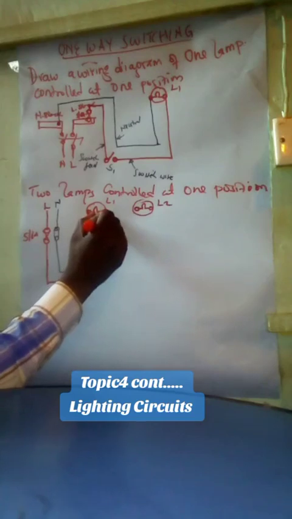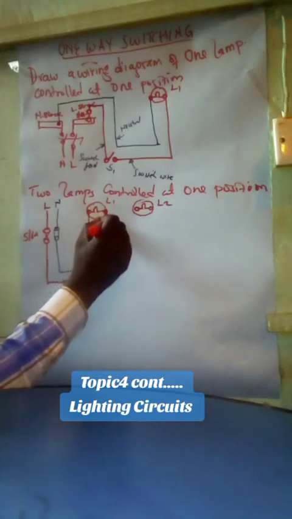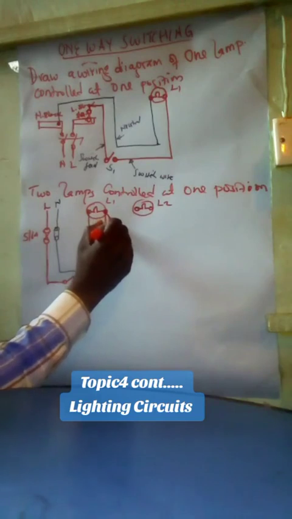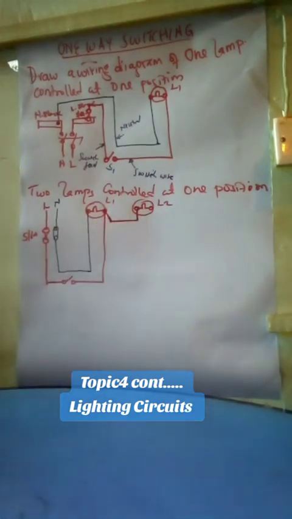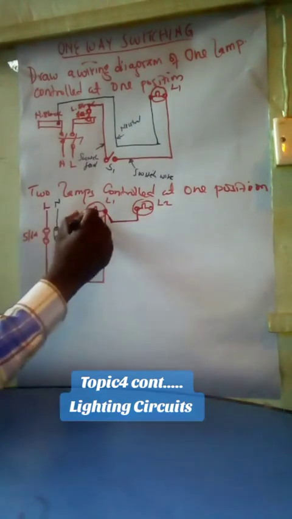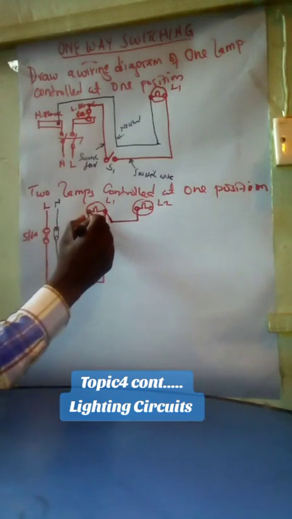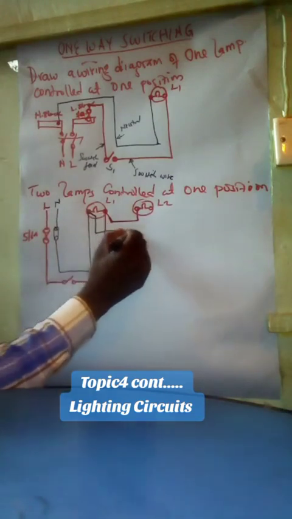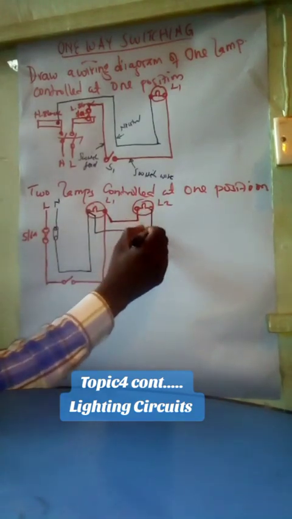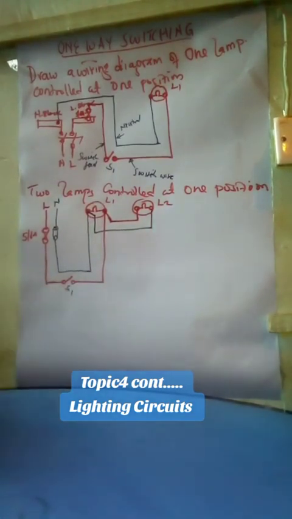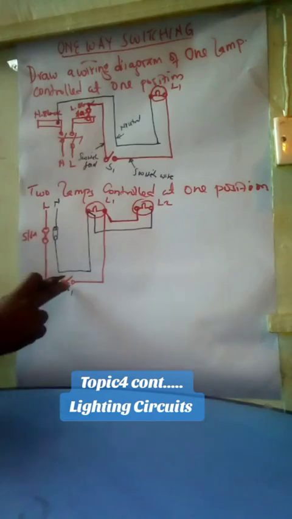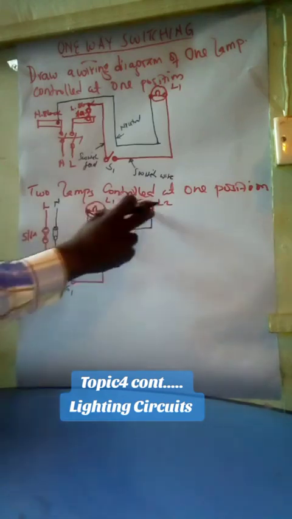Then we can loop this one here, and again we loop our neutral. So this is our switch 1. This switch controls this lamp and this lamp.